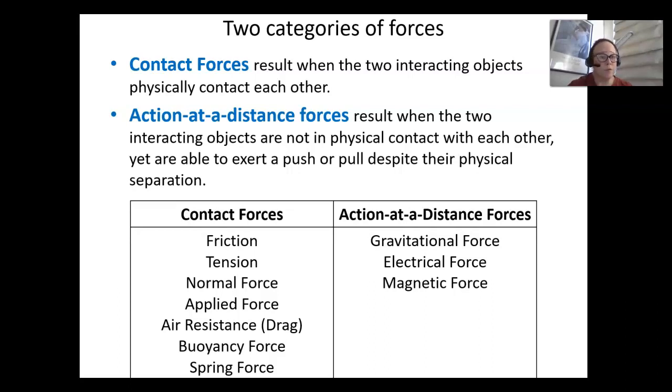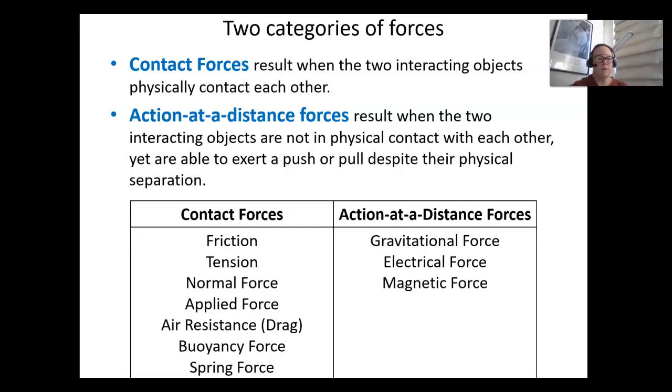The one we're probably most used to is gravitational force. The moon orbits our Earth even though the moon and Earth do not touch. And the reason that the moon orbits the Earth is because there is a gravitational force that the Earth is exerting on the moon.